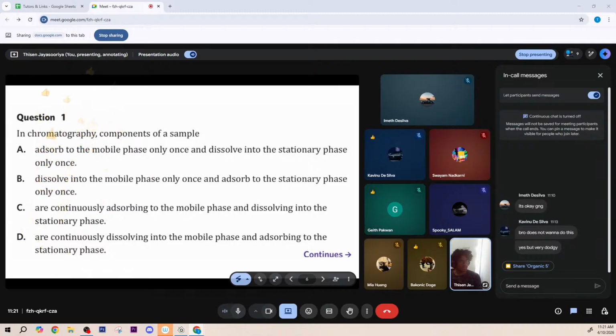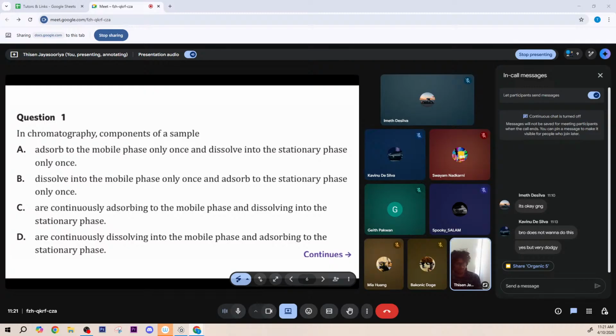So here, in chromatography, a sample: A, absorbs to the mobile phase once and dissolves into the stationary phase only once. B, dissolves into the mobile phase only once and absorbs into the stationary phase only once. C, is continuously absorbed into the mobile and absorbing the stationary phase. D, is continuously dissolving into the mobile phase and absorbing to the stationary phase.